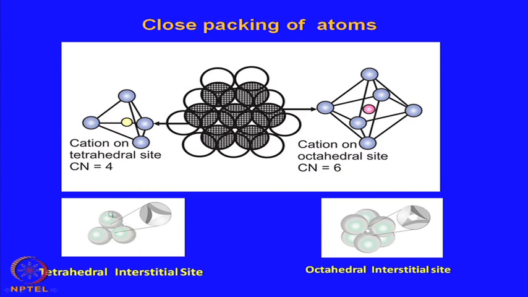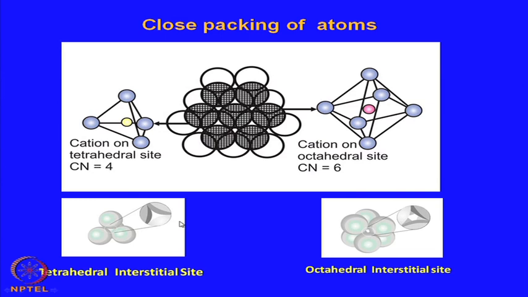An exploded view of the tetrahedron is shown here, and the actual arrangement of the octahedron is shown here. This is the octahedron and this is the interstitial site, magnified in this part of the diagram. Here the tetrahedral site has been magnified.